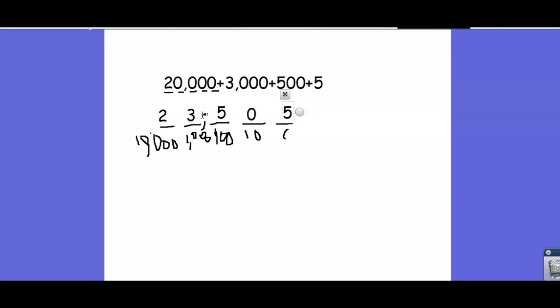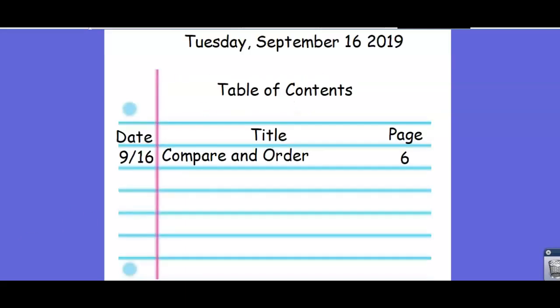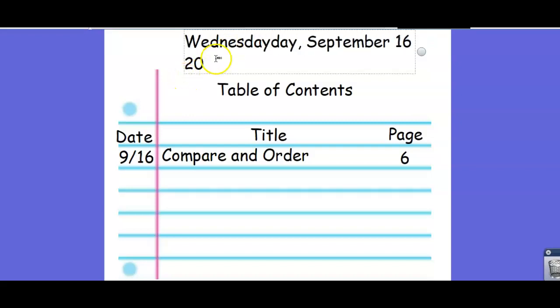Make sure you put your place value charts underneath it. Now we'll go to the lesson. The lesson for today, and it should say Wednesday instead of Tuesday, is September 16th, 2020.